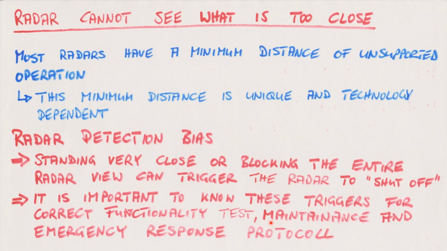And also if I need to trigger a response in an emergency situation that I really want to be visible to the machine, to the radar, it's important to maybe take a step back rather than getting closer to the radar. That's maybe not the first logical thing to do, but it is, once you understand how radars work, the effective response.